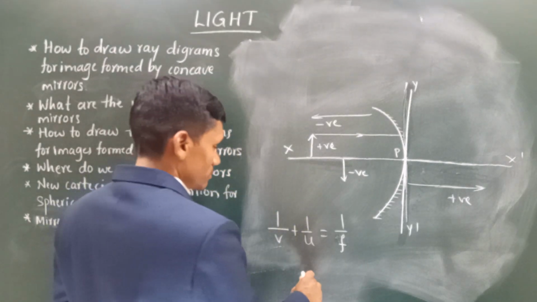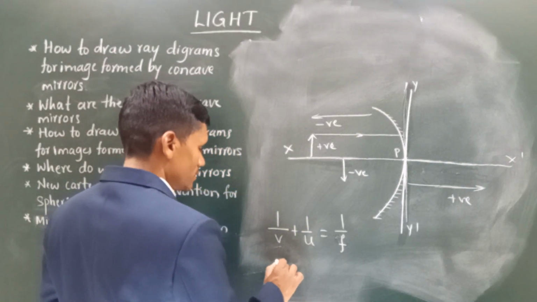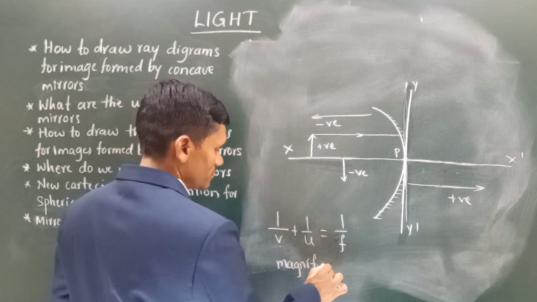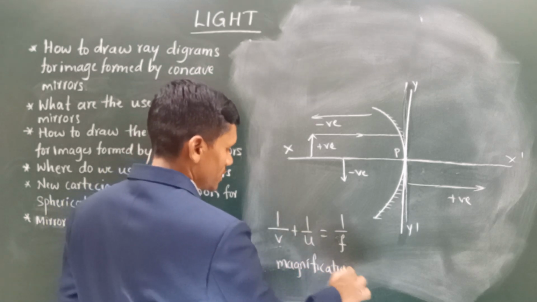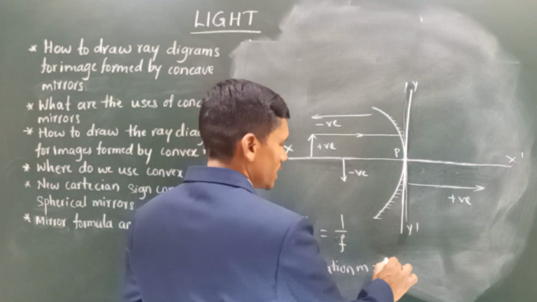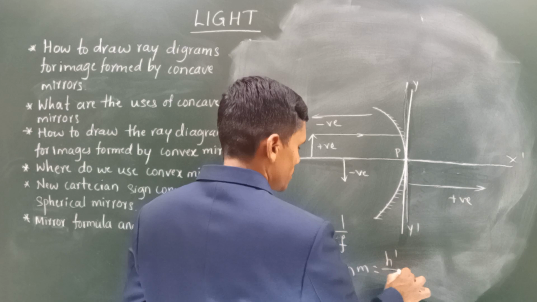Now, magnification, one more term comes. Magnification m is equal to h dash by h.